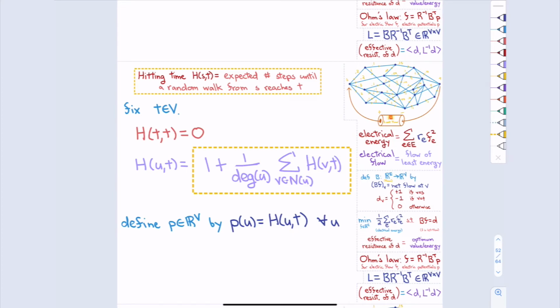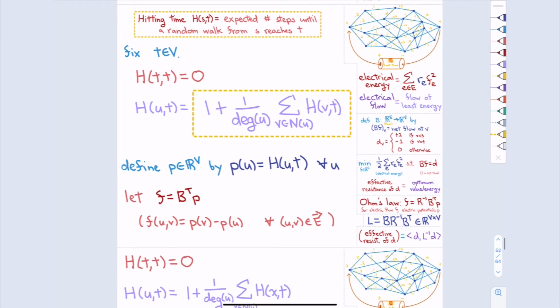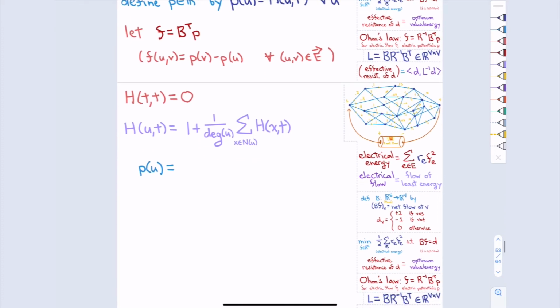Okay, so P of U is the hitting time from U to T for all U. Okay, and then we're going to let F be the corresponding flow. Okay, so F is equal to B transpose P. There's no R for us because the R is all ones now.